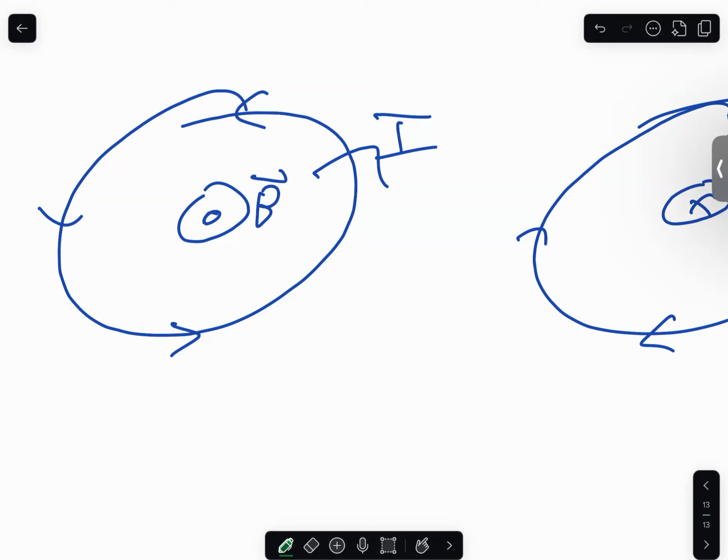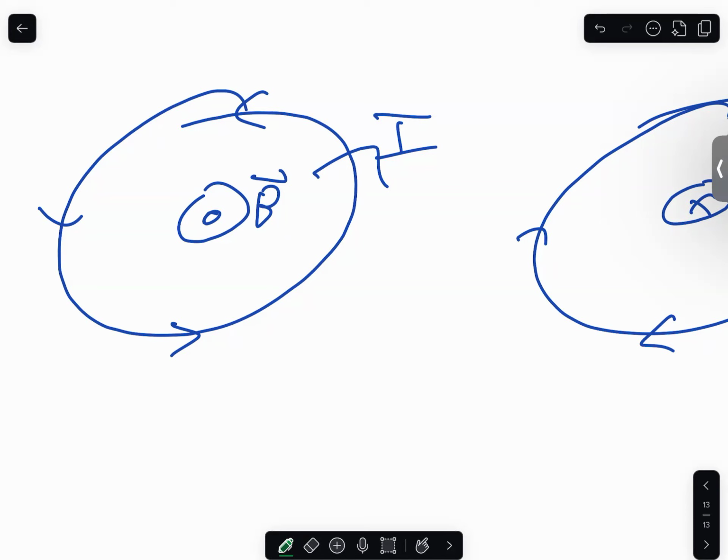In the example that I just gave, the applied field, the original field, was up and getting stronger. To oppose an up field, from that you can work out the current in my loop. To make a down field, show me your right hand that makes a field going down.